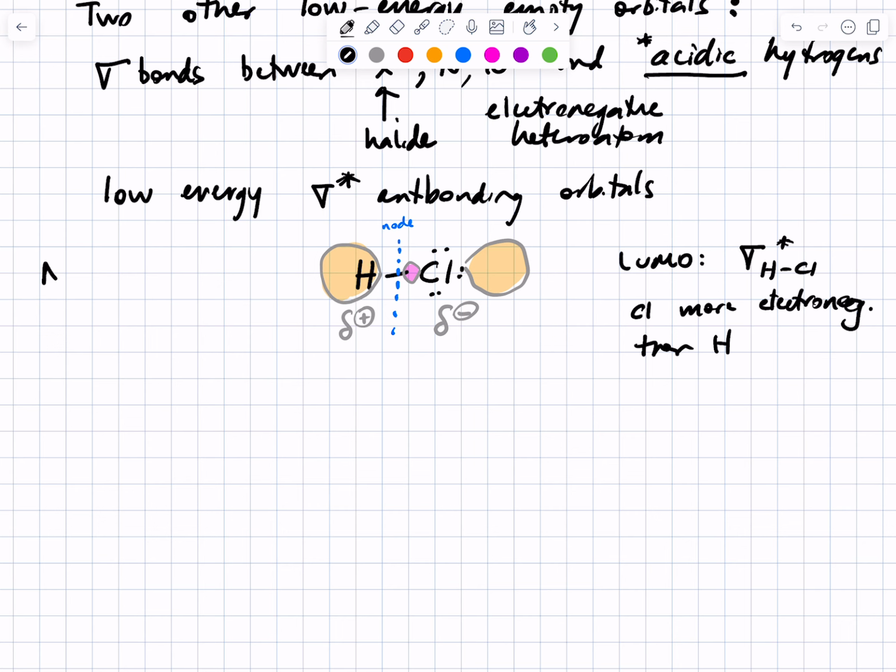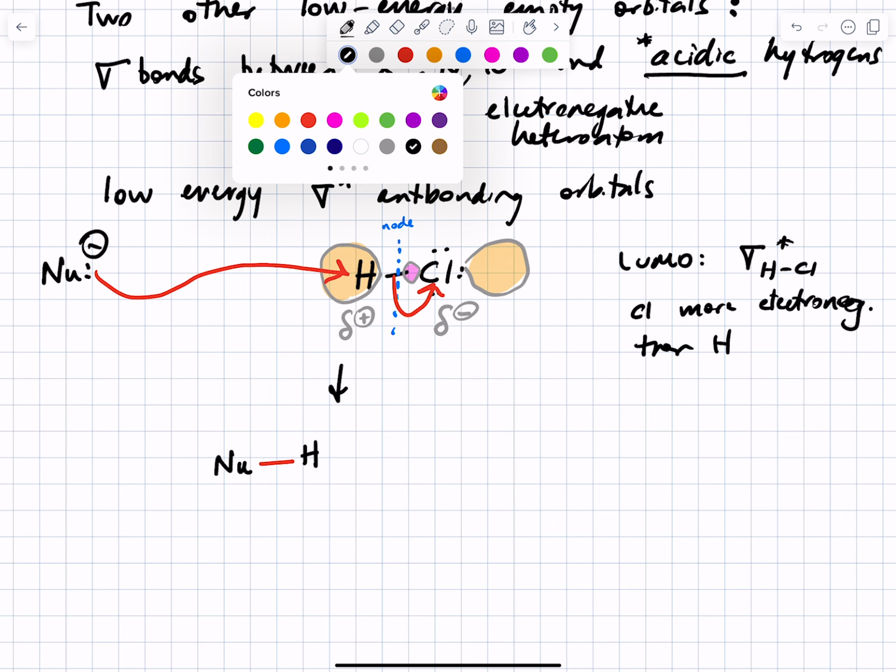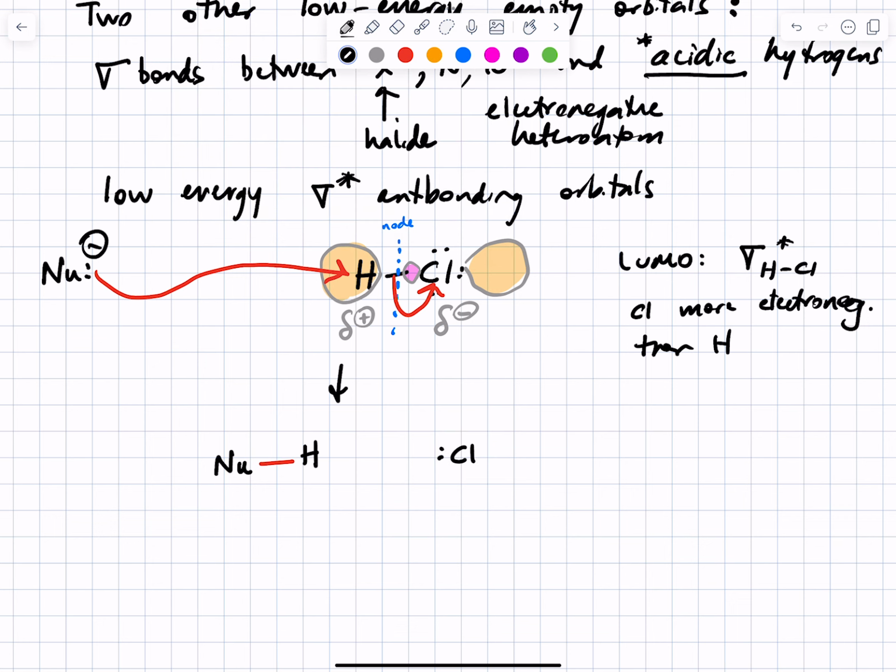So if I had some nucleophile with high energy electrons, I might predict it would attack the hydrogen and break the sigma bond. In so doing, at the end of this reaction, I would form a new bond between the nucleophile and the hydrogen, and I would break the bond between hydrogen and chlorine.